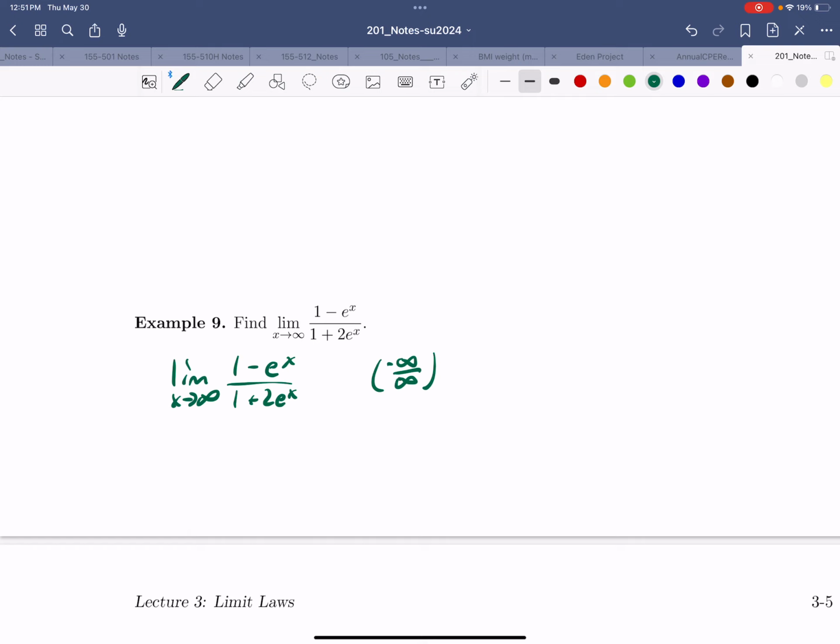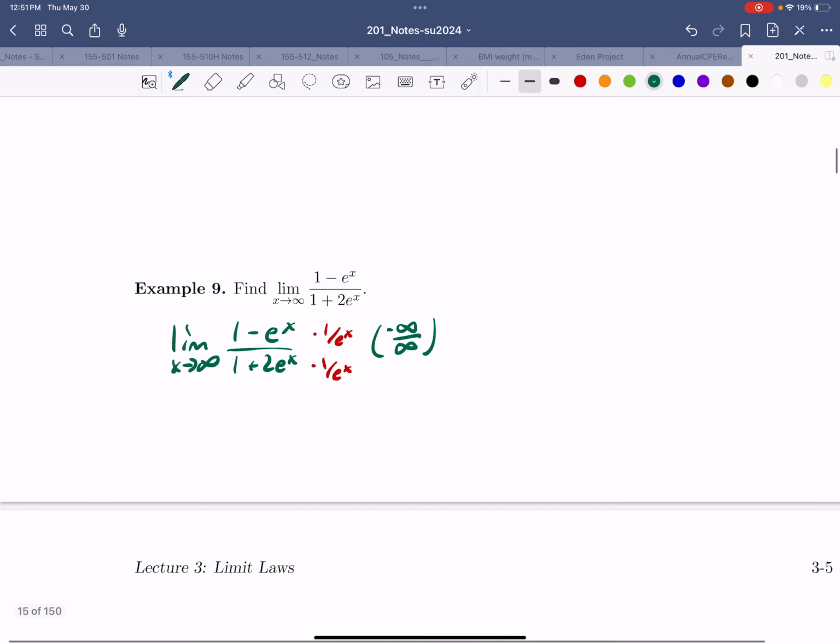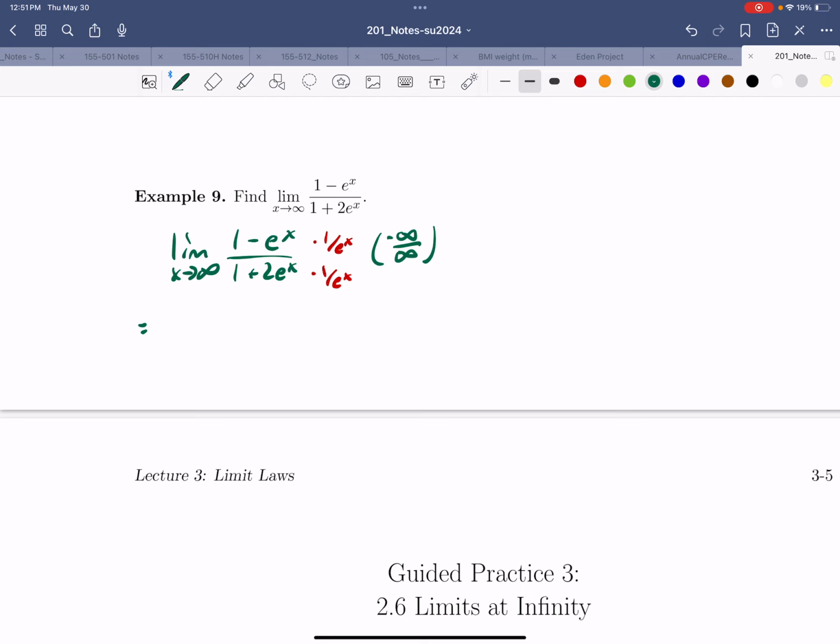So I guess what we can do is maybe with a similar trick as before, do that. And now we're going to get this. This will be 1 over e to the x minus 1, over 1 over e to the x plus 2.